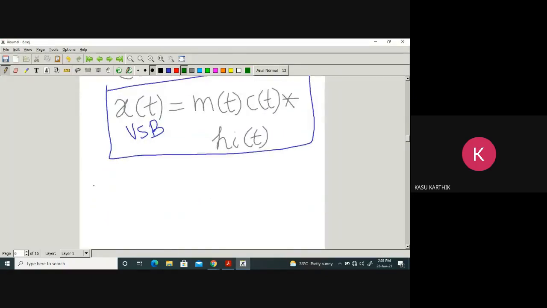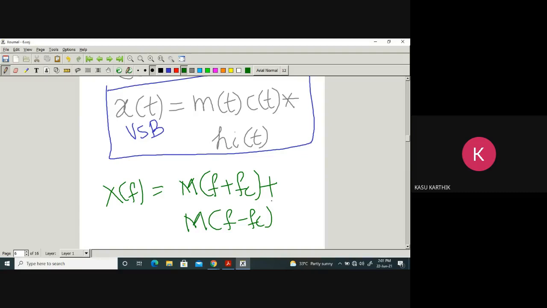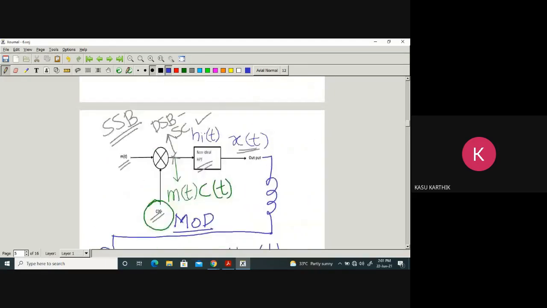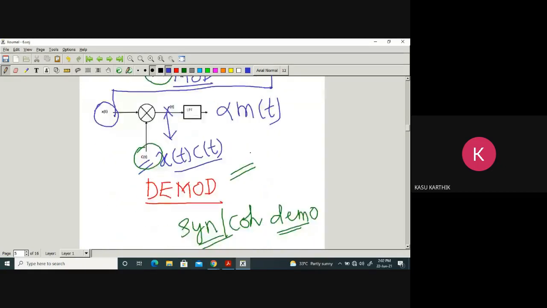You get M of f plus f_c plus M of f minus f_c, into H_i of f. This is the spectrum of the modulated signal x of t, that is x of f.